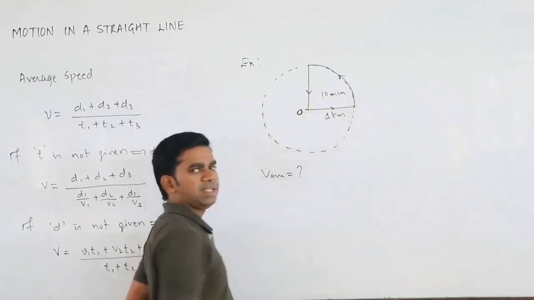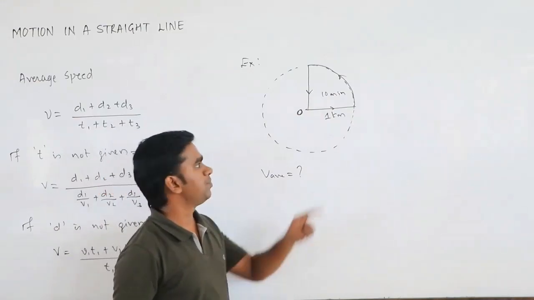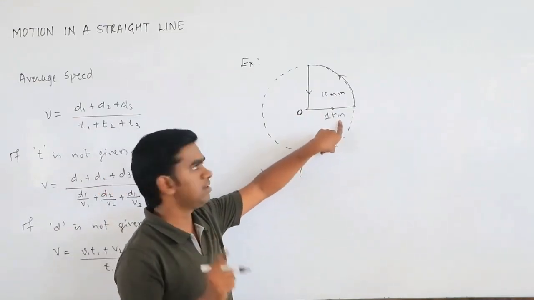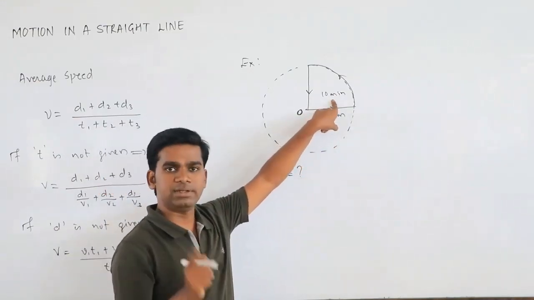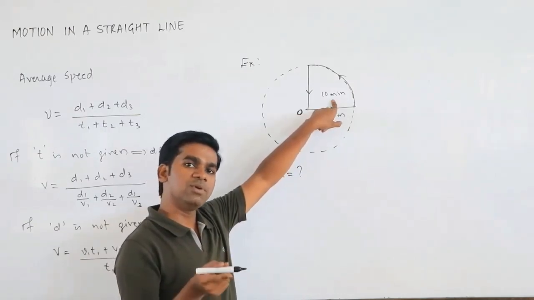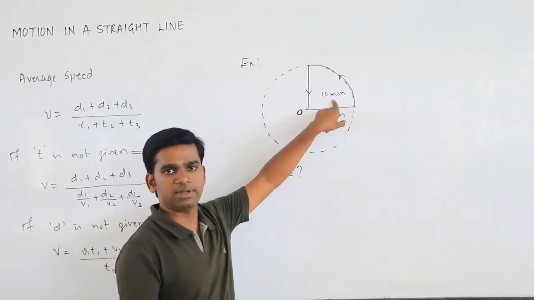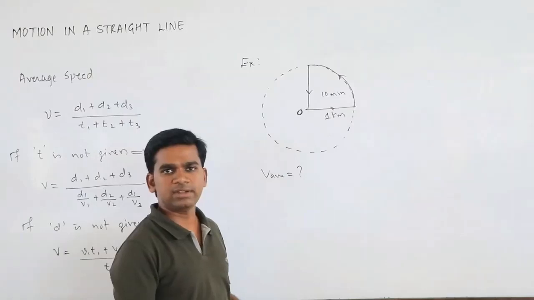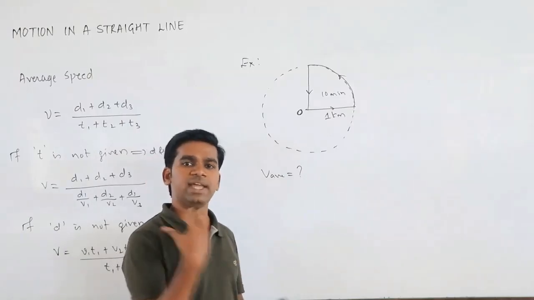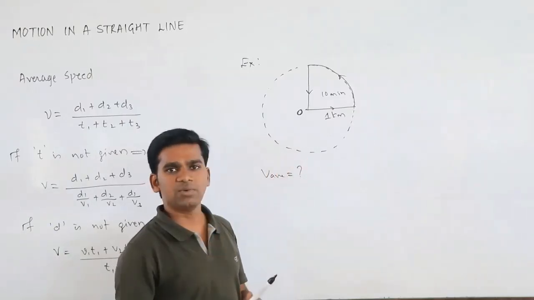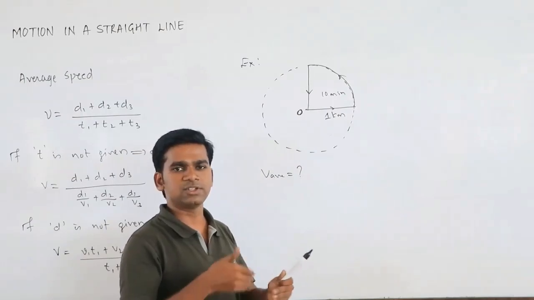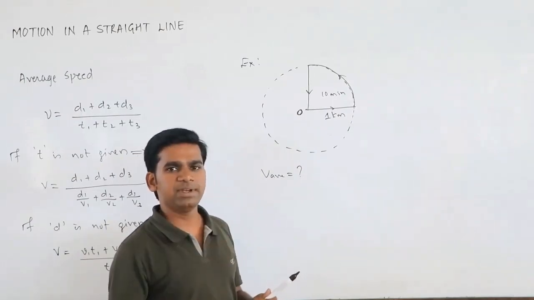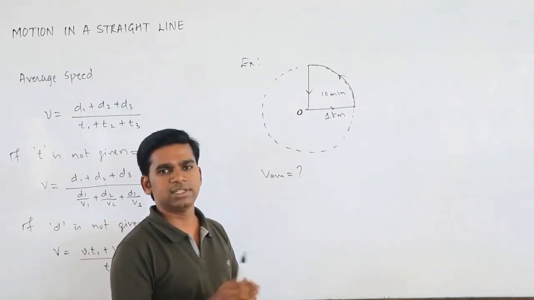You can understand now what I am changing: I have given distance in kilometers and time in minutes. So you have to convert minutes into hours. If you do not convert, that is also possible, but we have to give some standard unit. Kilometer per hour is a standard. It looks nice. Kilometer per minute doesn't seem good.